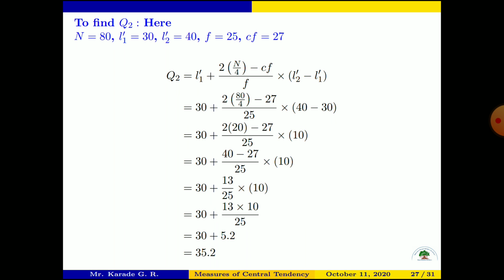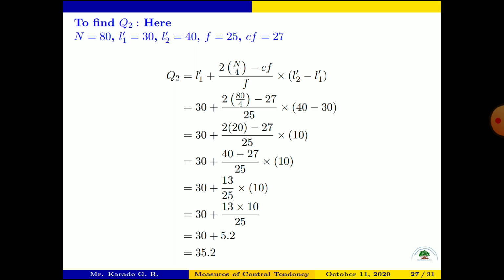Similarly, we find the second quartile. Here n is equal to 80, L1 dash is 30, L2 dash is 40, F is 25 and CF is 27. So if I put the values in the formula, Q2 equal to L1 dash plus 2 times n by 4 minus CF whole divided by F into L2 dash minus L1 dash.